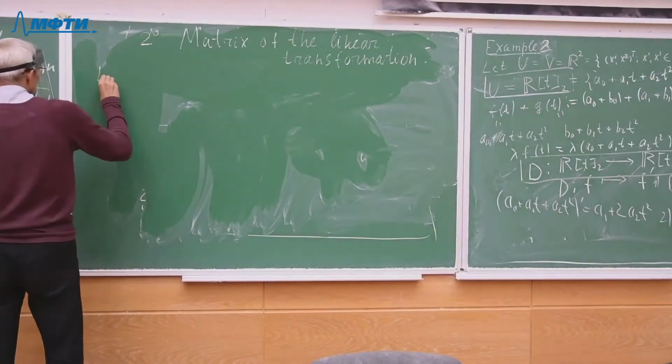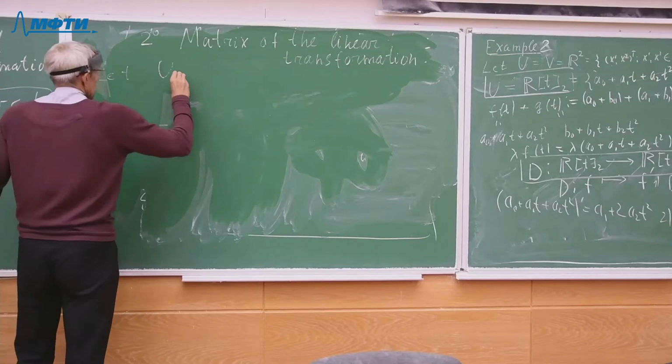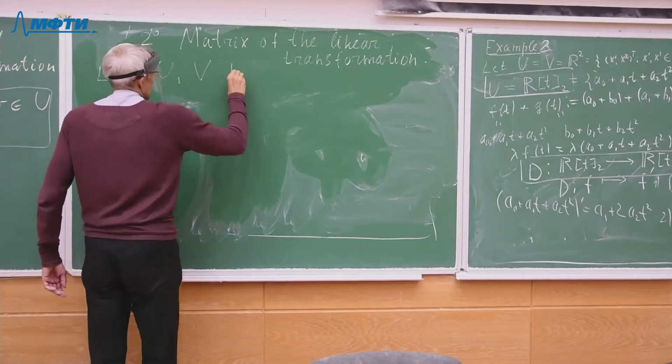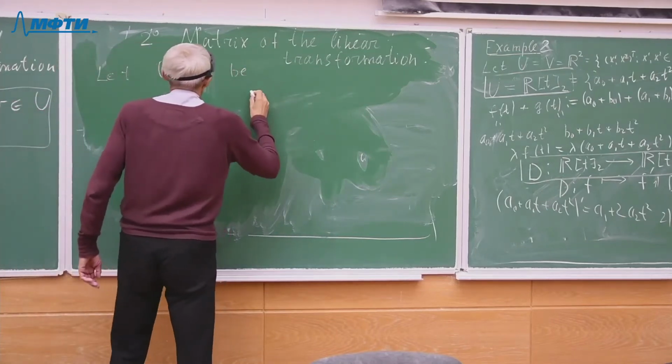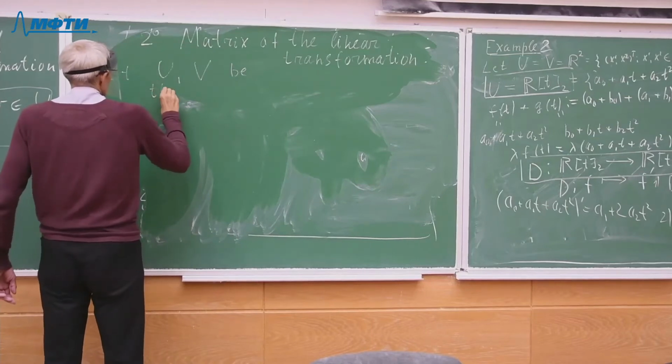Let capital U and capital V be vector spaces.